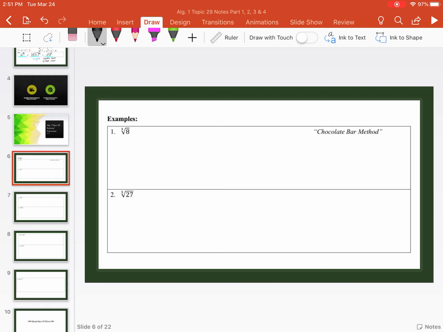So, what we can first do here is, even though we don't see this entire example raised to an exponent, we know that if we don't see an exponent, it is automatically raised to the first power. So we can rewrite this example as 8 to the 1/3 power.